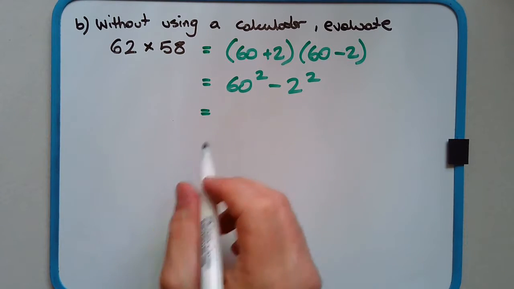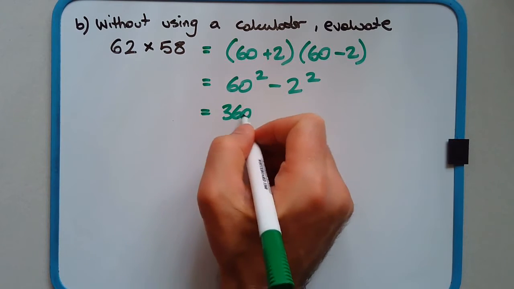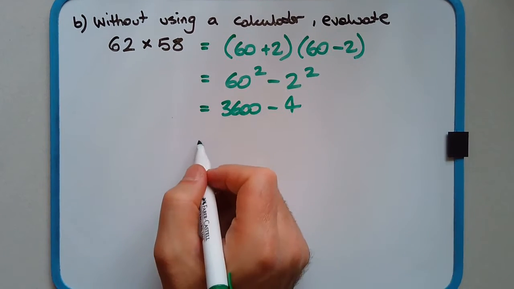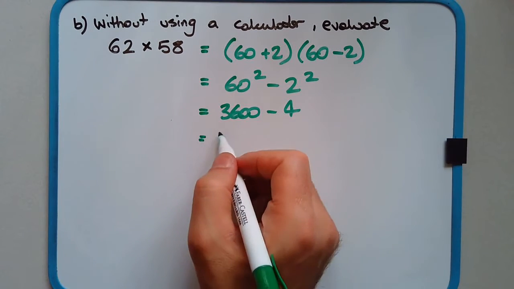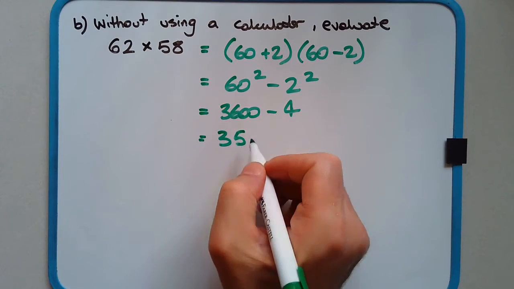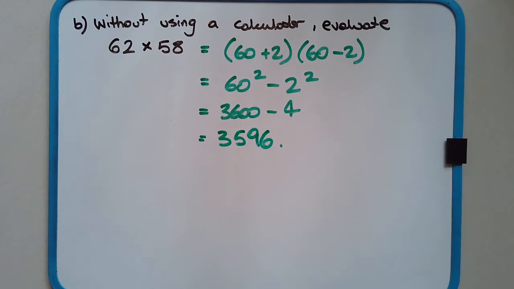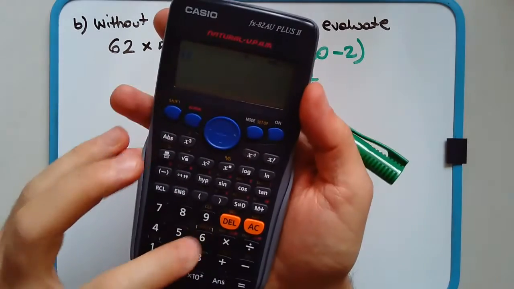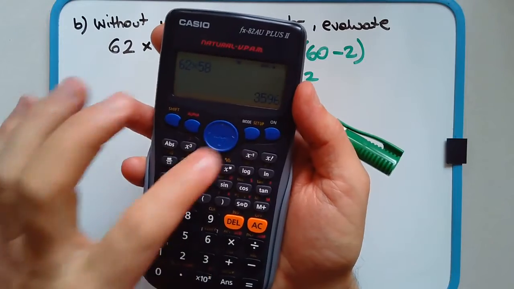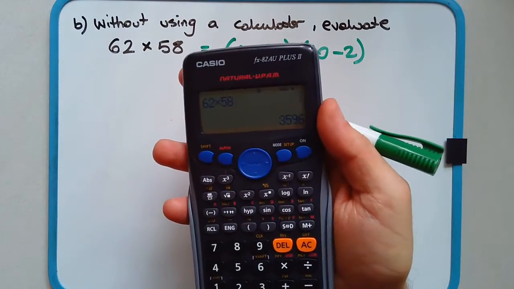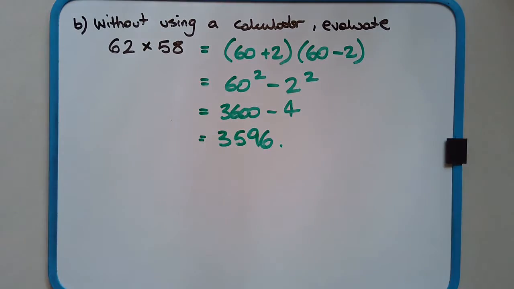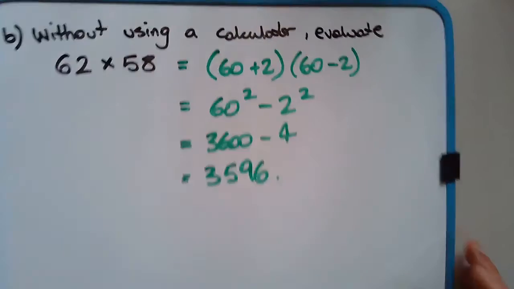So 60 squared is 3,600 minus 4, and that'll be 3,596. And if you have to use a calculator to check your answer, 3,596. Right, let's have a look at some other examples.